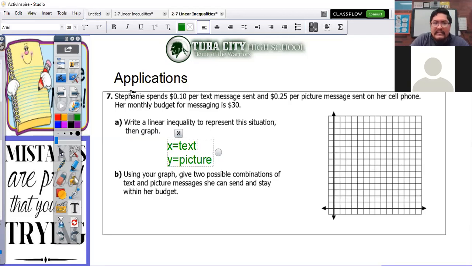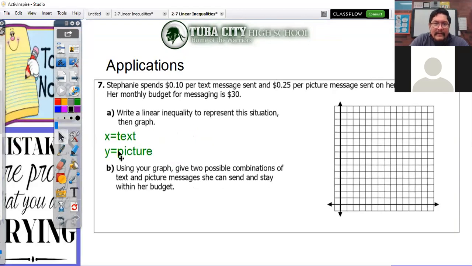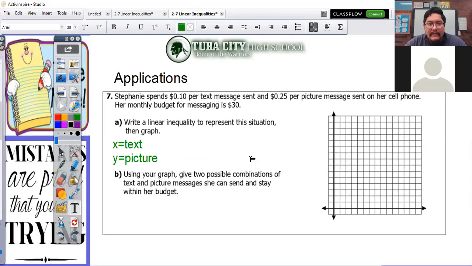I'll just call it picture message, not pictures, because I think we're only going to be sending one. Now let's set up our equation. So 10 cents per text plus 25 cents per picture message.